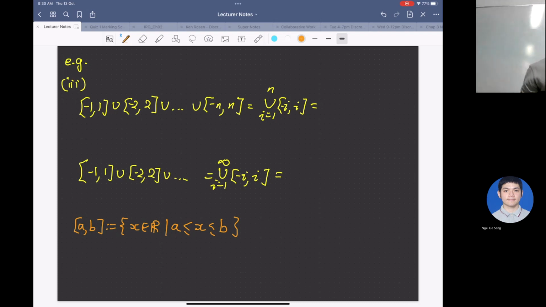So maybe it's easier to see the relation between these intervals. There's a subset relation between them. You see it?